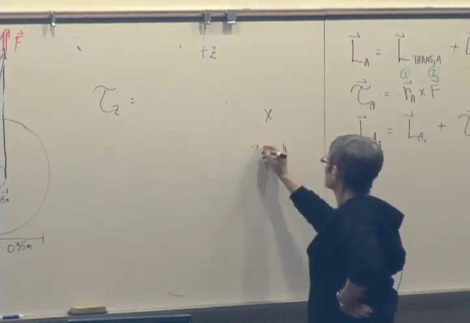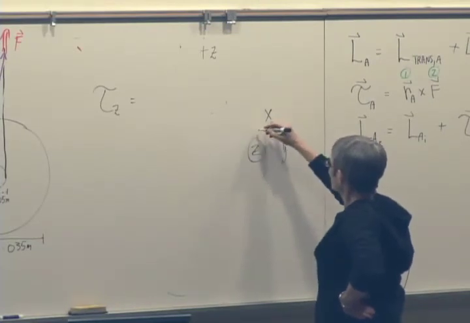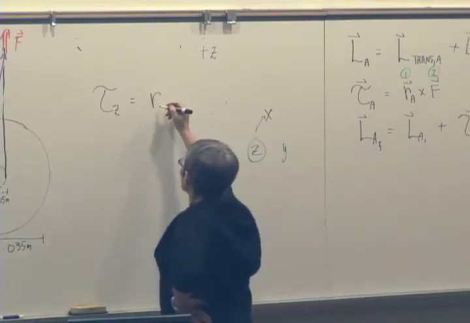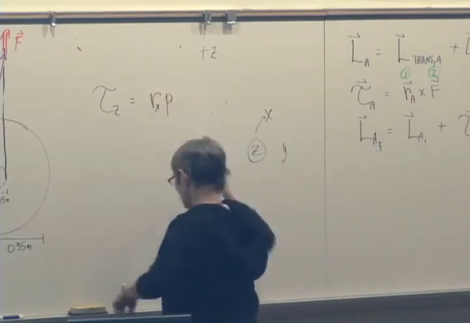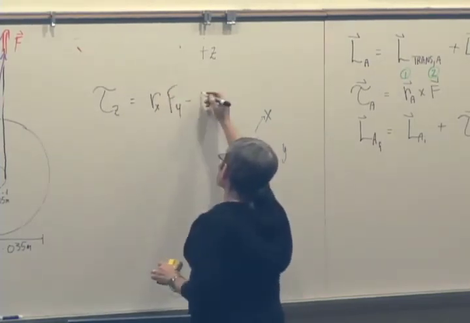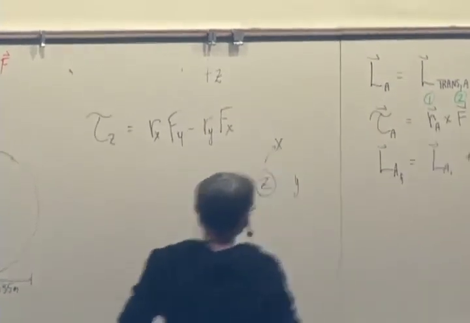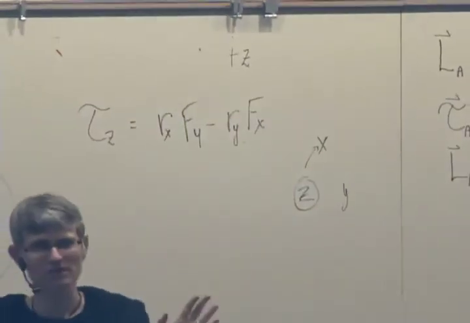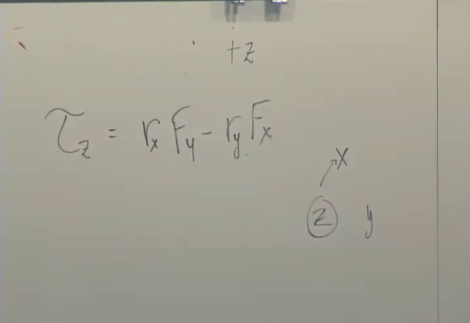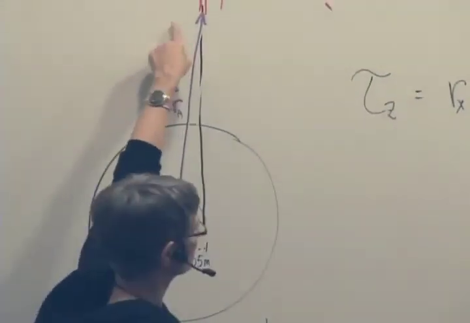We have X, Y, Z. We want the Z component, so we have Rx F sub Y minus Ry F sub X, right? That would give us the torque. So let's use this. Okay, let's think about this.